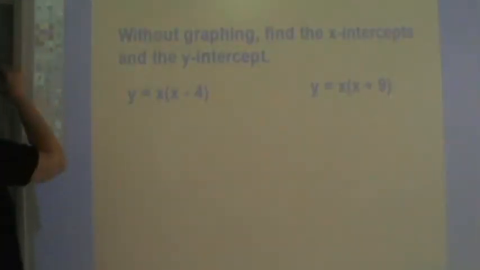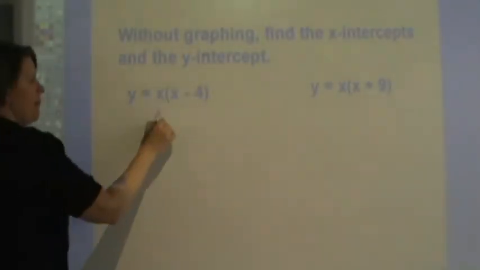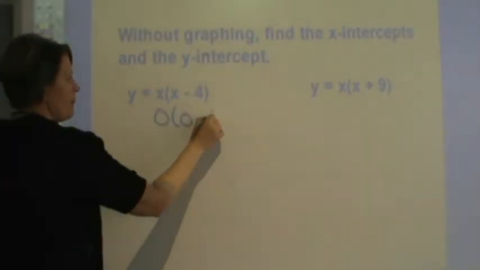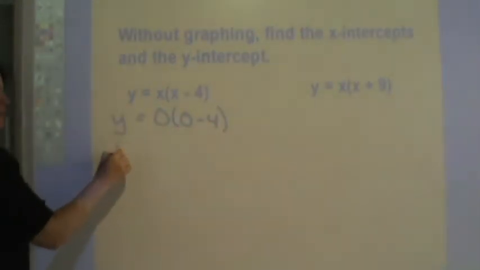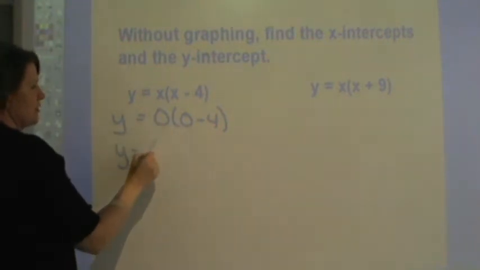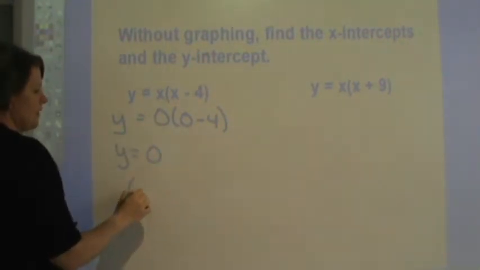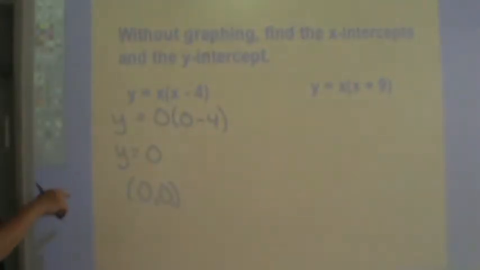So back here, if my x is 0, I want to know what my y would be. Well, in this case, 0 minus 4 is negative 4. Negative 4 times 0 is 0. So in this case, it would be at 0, 0. So in this case, it's going through the origin.